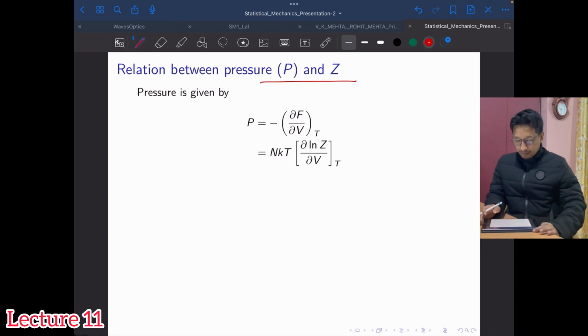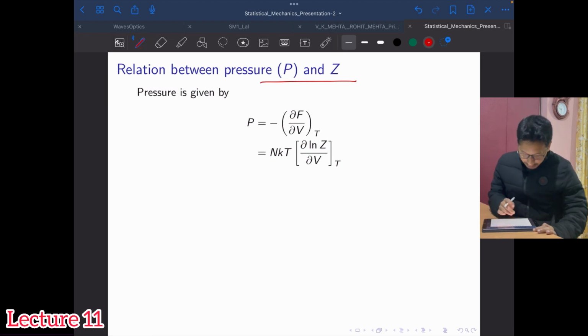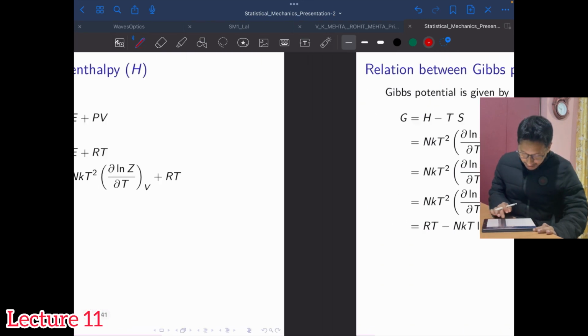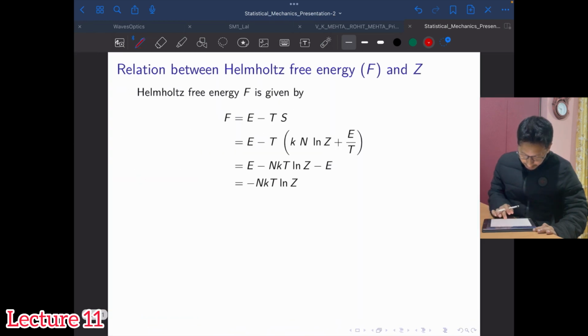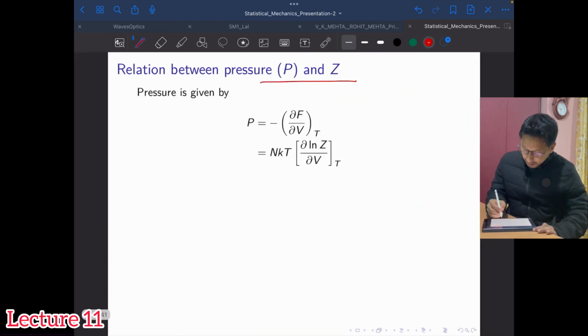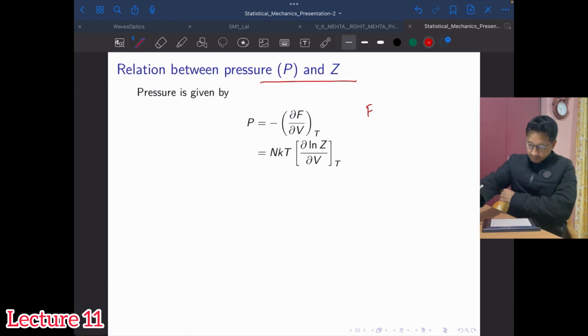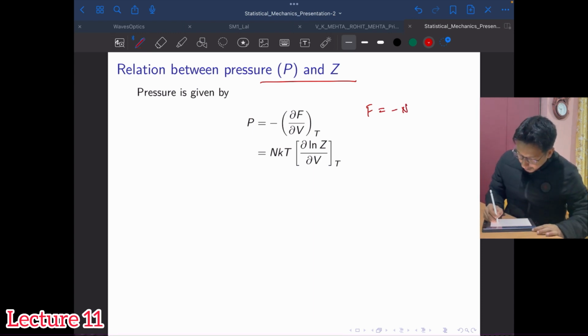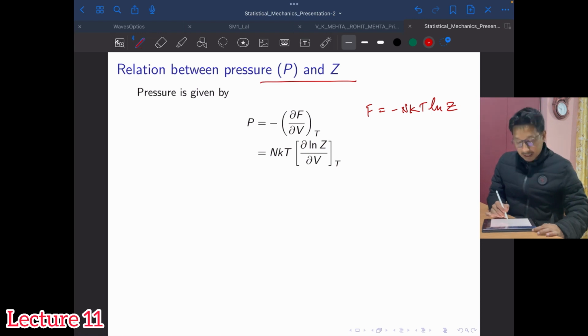This F is the Helmholtz free energy, and if we go back to that expression, the Helmholtz free energy with partition function is given by minus NkT ln Z. So if I substitute back here, the negative will become positive, and so NkT del ln Z by del V at constant temperature.